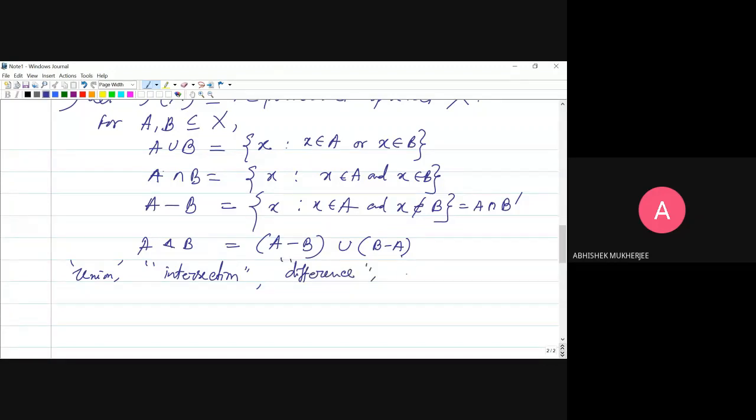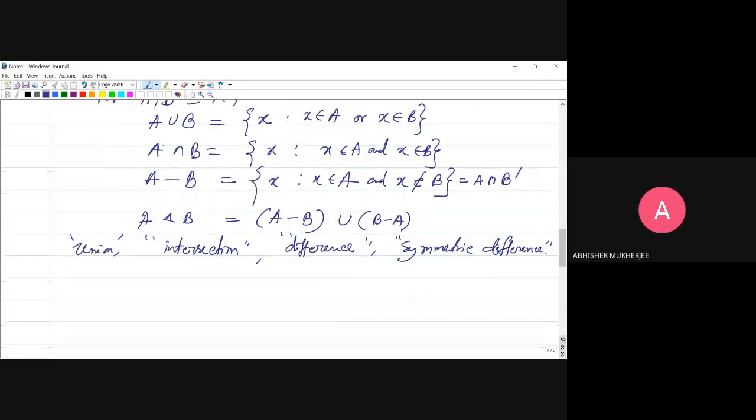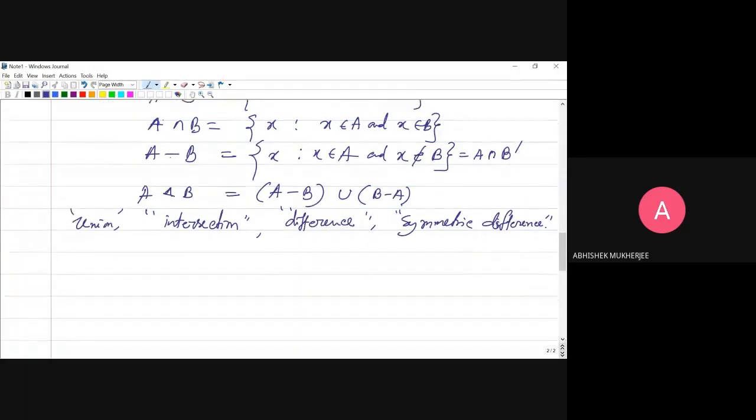Fourth one is symmetric difference. This difference has some special property because A delta B is equal to B delta A. So that is why it is called symmetric difference, which the ordinary difference lacks, right?